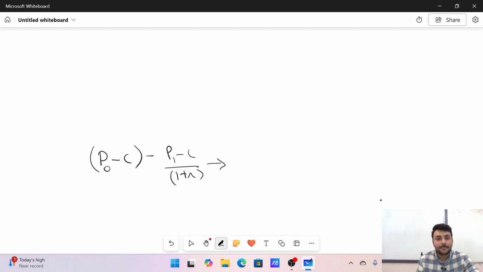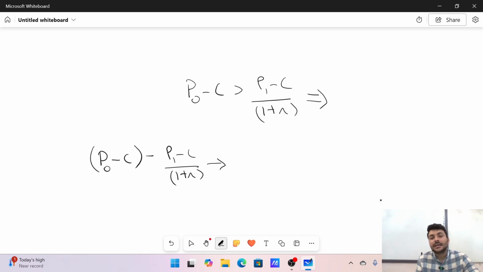If P0 minus C is greater than P1 minus C divided by 1 plus R, then the extractor would extract more resource in the present time period.